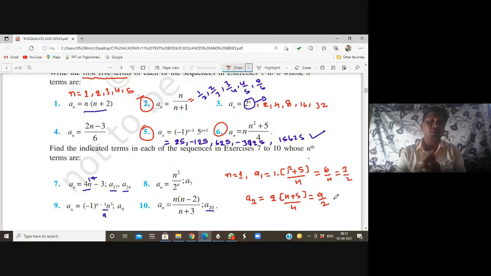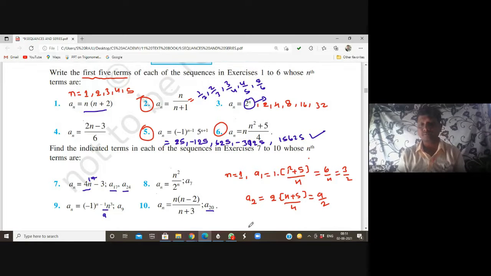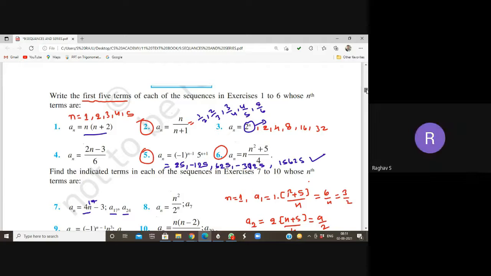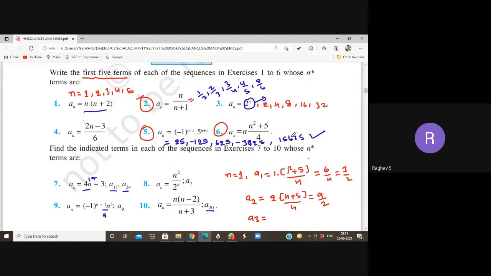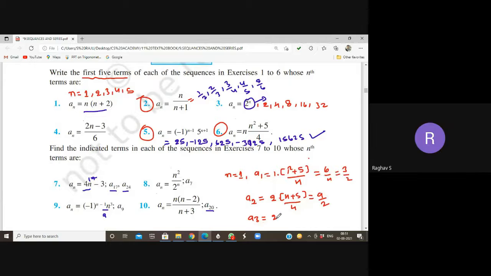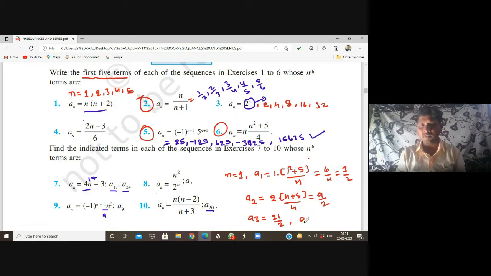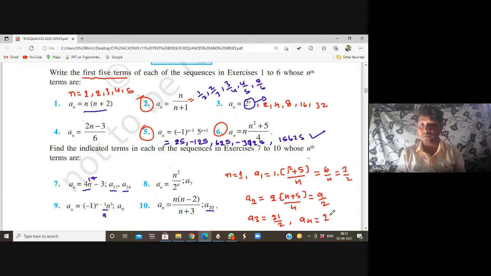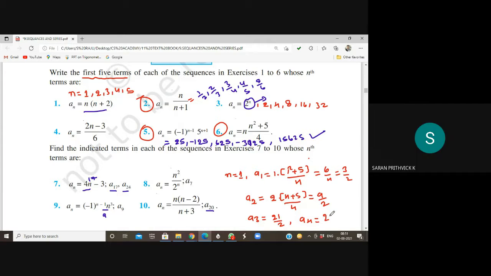So what about the book back? Is it right? A3 equal to 9 plus 5, 14 by 4, 7 by 2, 21 by 2. A3 is 21 by 2. A4 is 21.